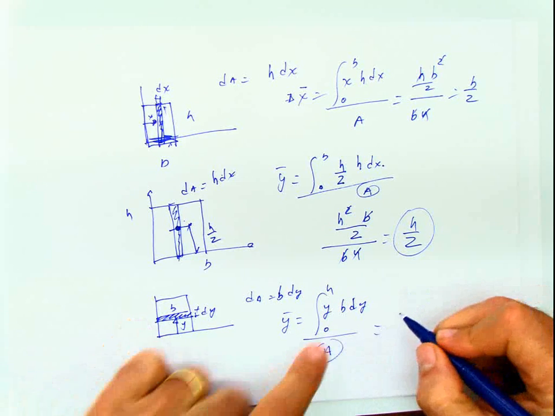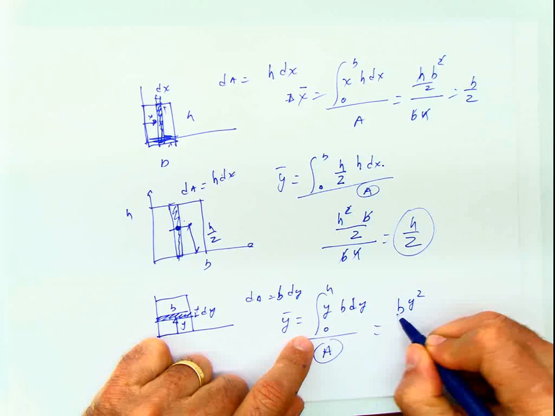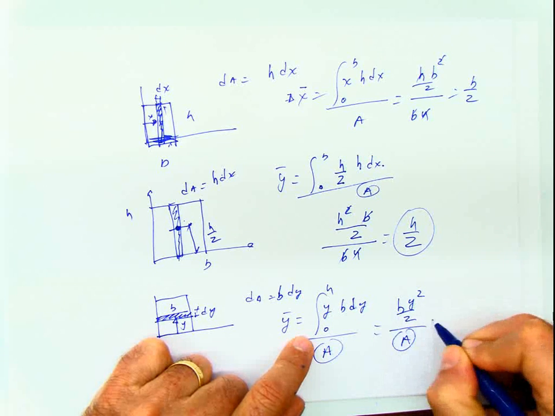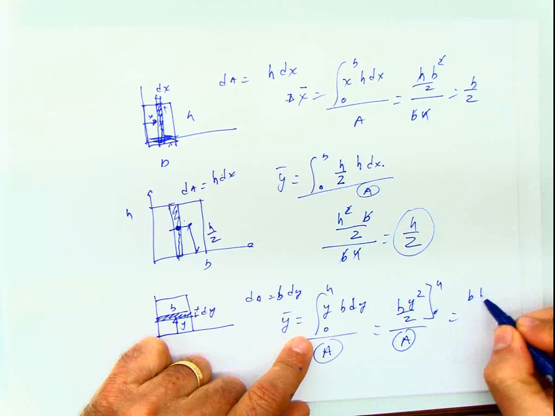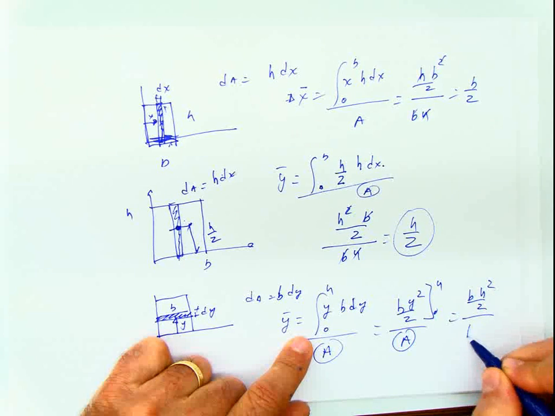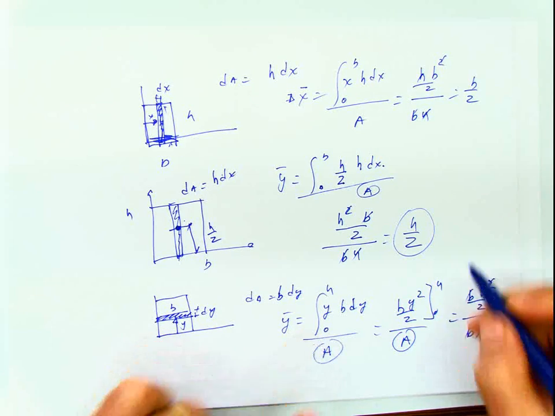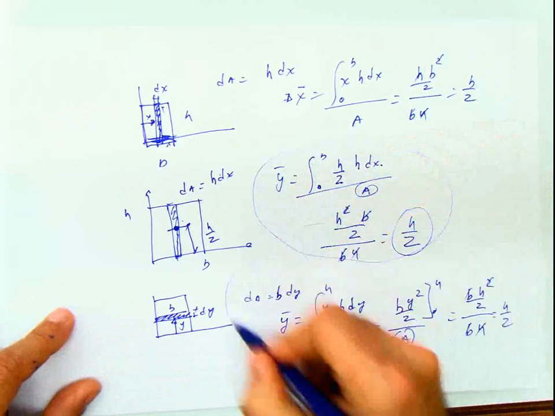That's equal to b y squared divided by 2 divided by the area, evaluated from 0 to h, which is also b h squared divided by 2 divided by bh, cancel, h divided by 2. Either you use this or you use this.